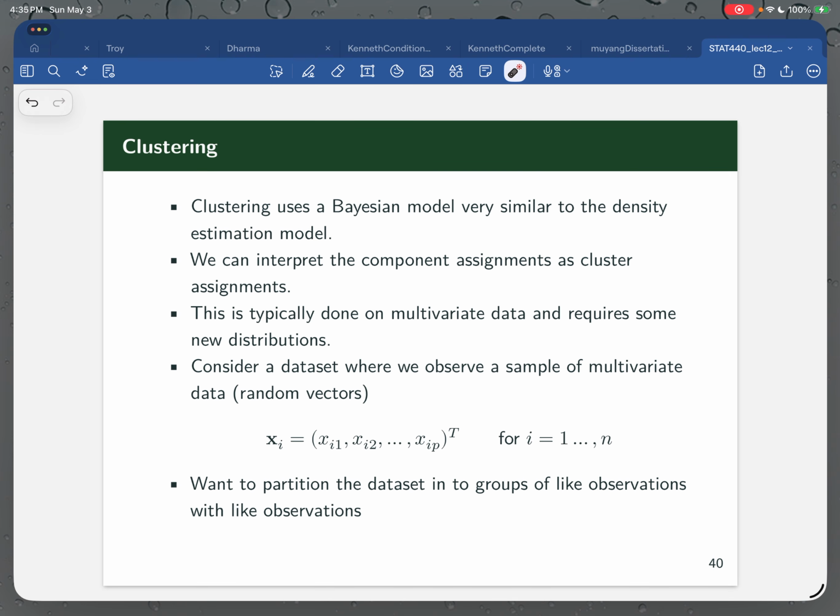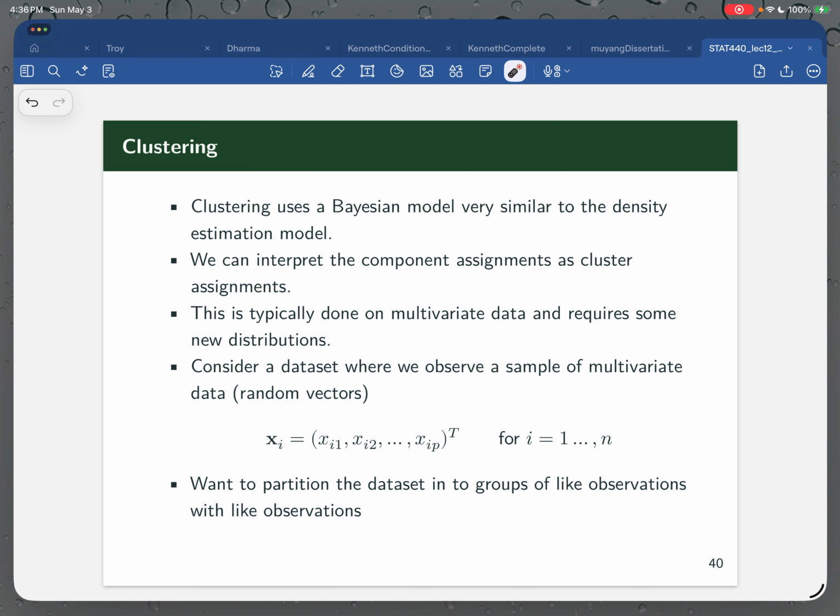So it's similar in flavor to the density estimation model. It's easiest to think about clustering with multivariate data. In the density estimation problem that we looked at, we had univariate data, and so we were just building a one-dimensional density.